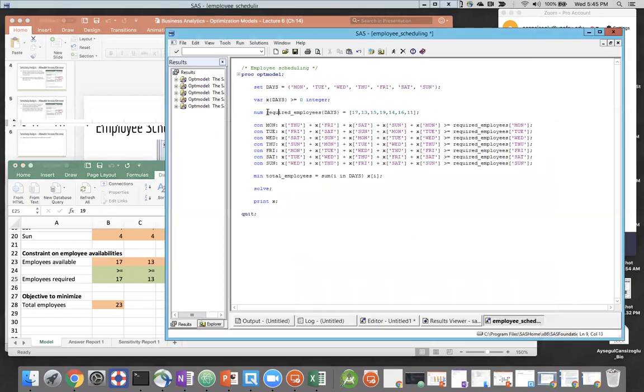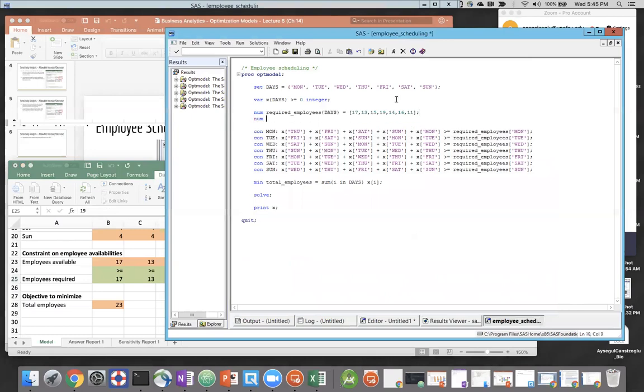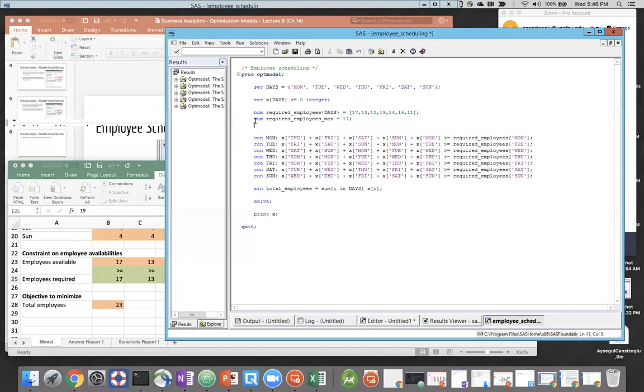One way to define this is one by one. We can say required employees for Monday, required employees for Tuesday. Actually, let me write it. So basically, I can do this. I can say number, required employees Monday equal to 17.